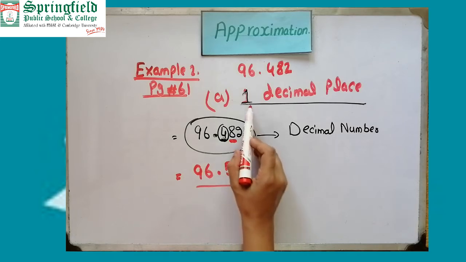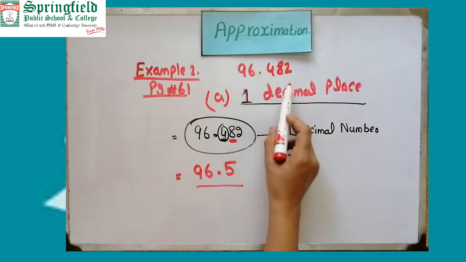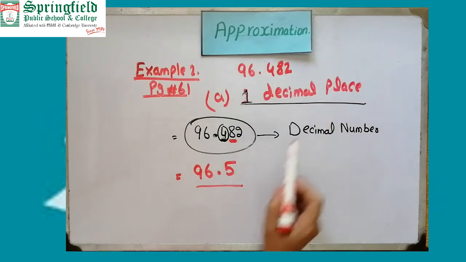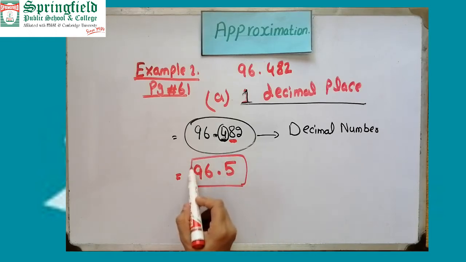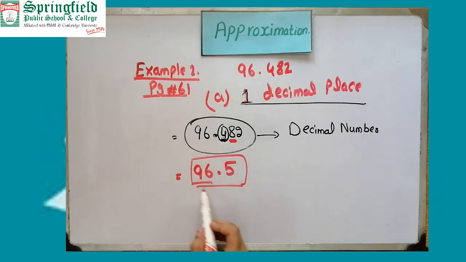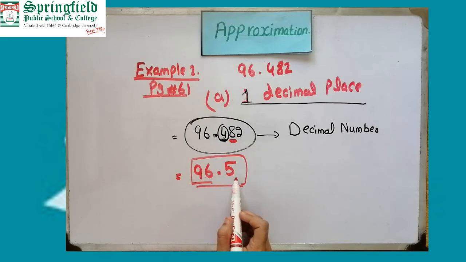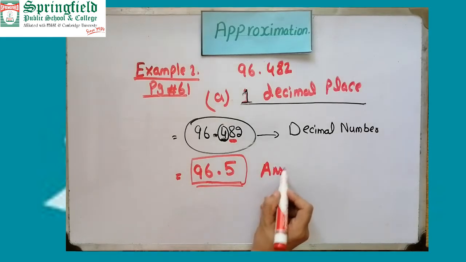Why? Because they are saying to round off this number to 1 decimal place, which means just one digit remains after the point. A number that has just one digit after the point is at one decimal place, or that number is called a one decimal place number. Understood, beta? And this is your final answer.